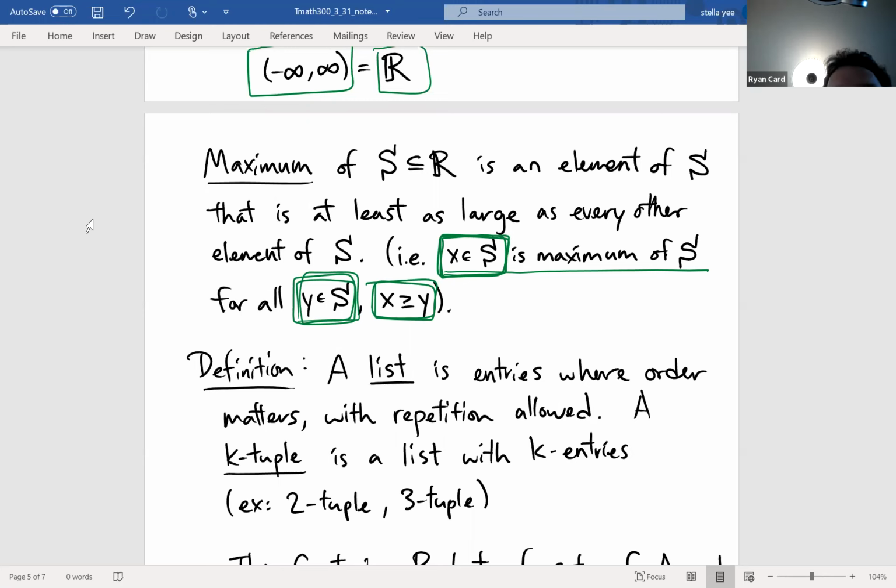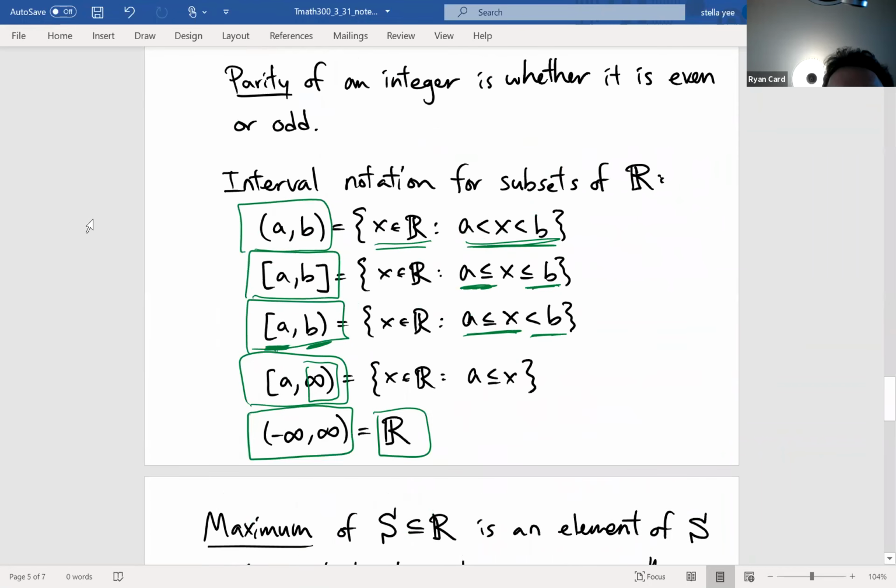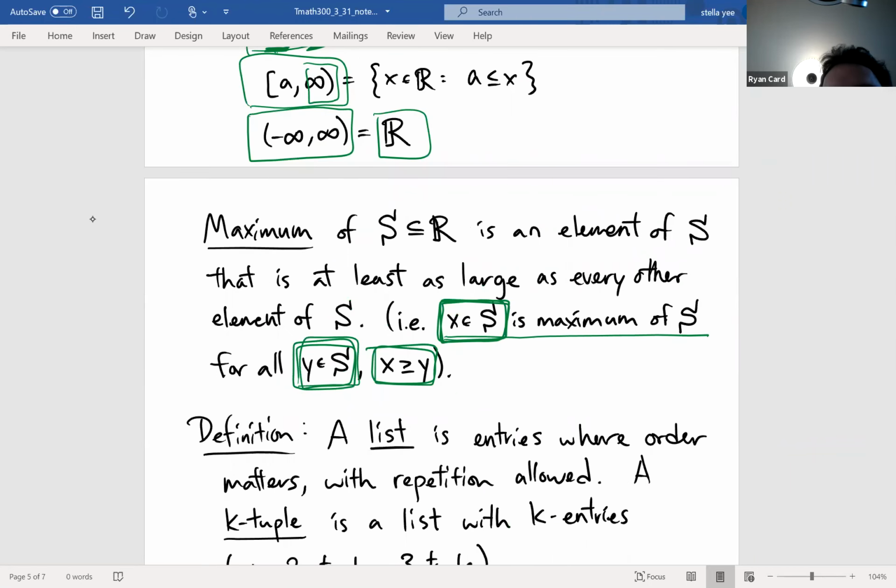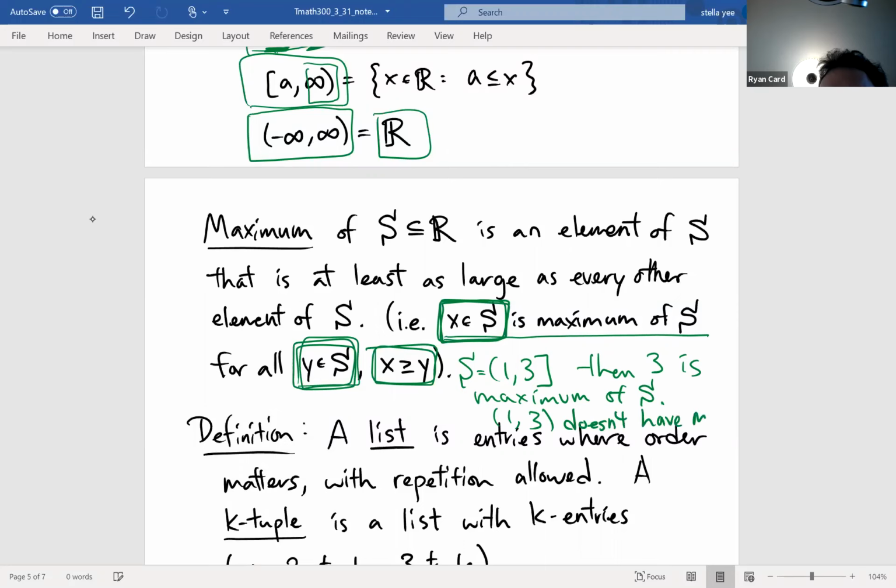Okay, so let's have a concrete example. If I have an interval that looks like this, let's call that set S, then 3 is the maximum of S. But if I had an interval like 1 to 3, not including 3, then this doesn't have a maximum.